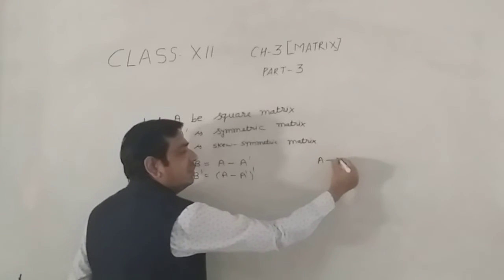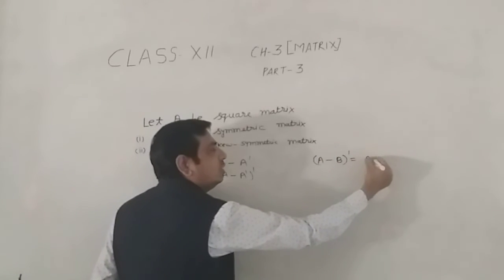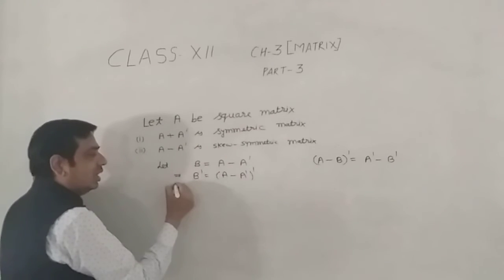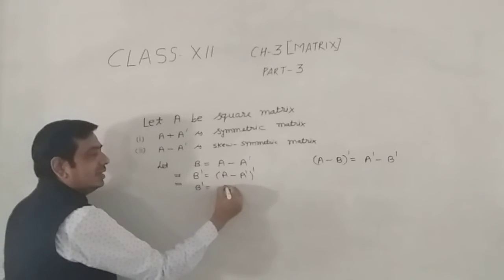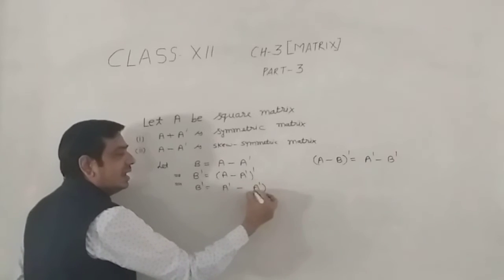As you know, A minus B whole dash is equal to A dash minus B dash. Now apply this property here. So it is A dash minus A dash dash.